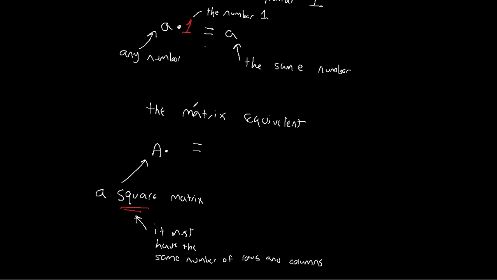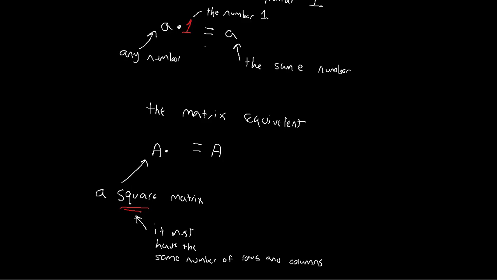In order for it to be equivalent to this idea of 1, when we do this multiplication, we have to get back that same thing. So we have to multiply our square matrix by something that will give us back that same thing. Otherwise, we've changed it and it doesn't match our definition here.